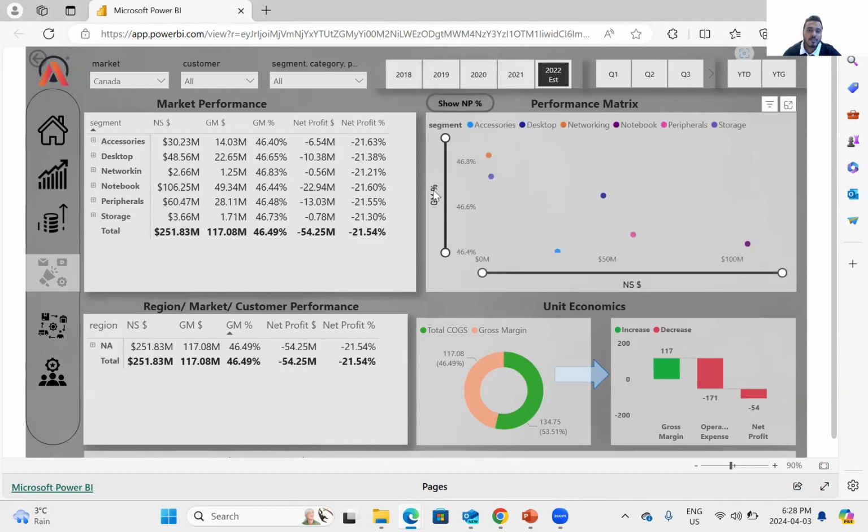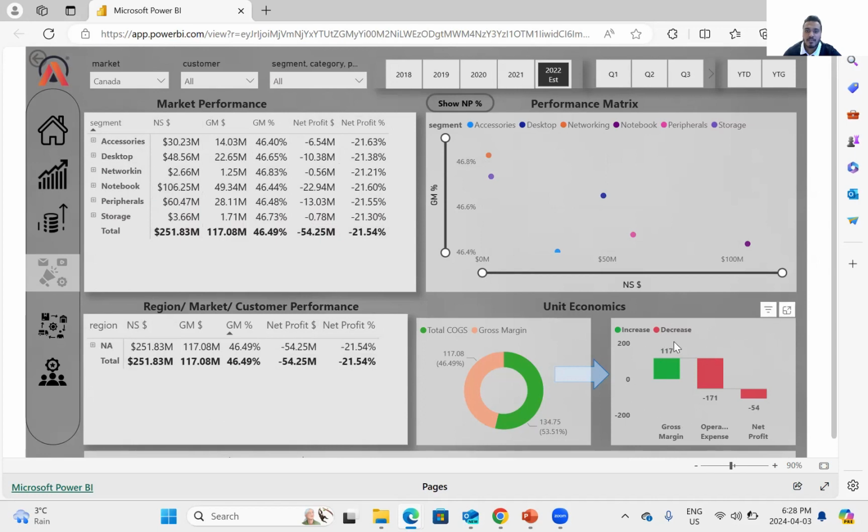As you can see now, it is gross margin percentage over net sales for each product segment in relation to the marketing. And this one on the left side, we can see here market performance with each segment according to their net sales, net profit, region marketing performance in Canada, the unit economics.